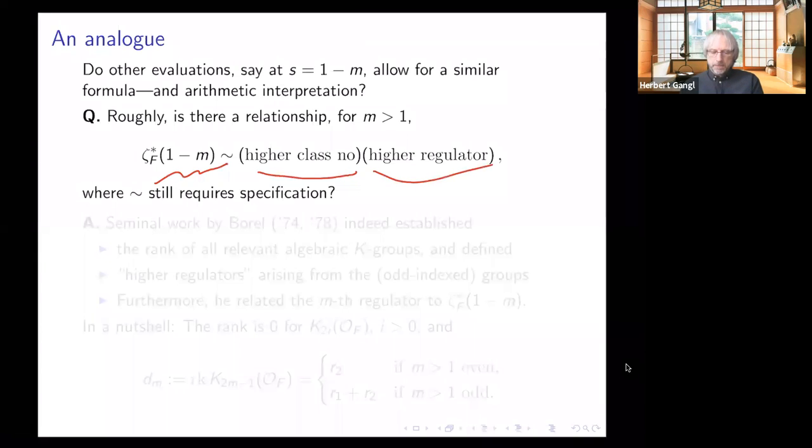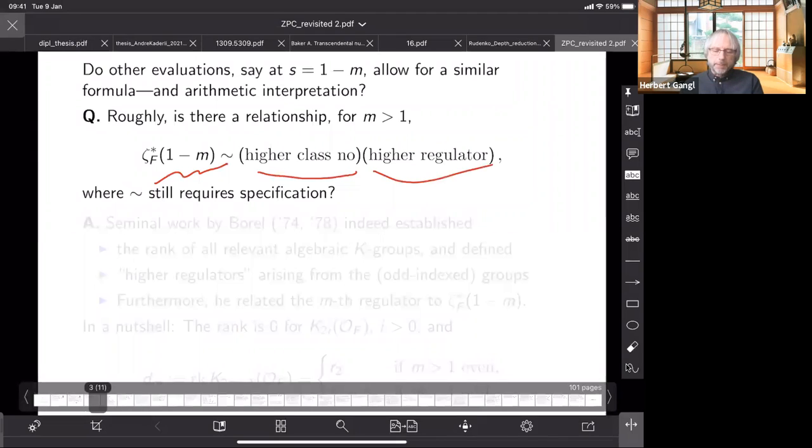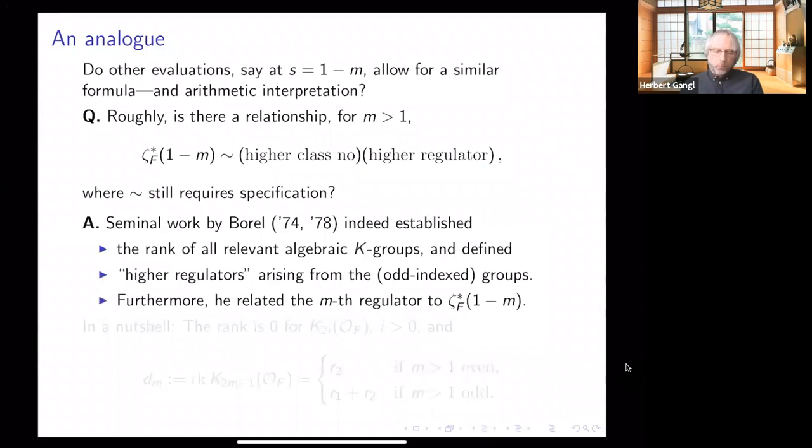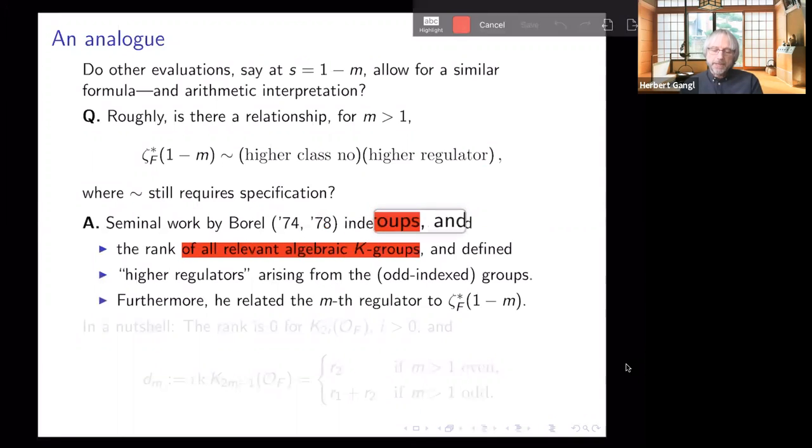There's originally work by Borel, who showed the rank of all the relevant algebraic K groups attached to a number ring. They play a kind of important role, like the units and class groups.